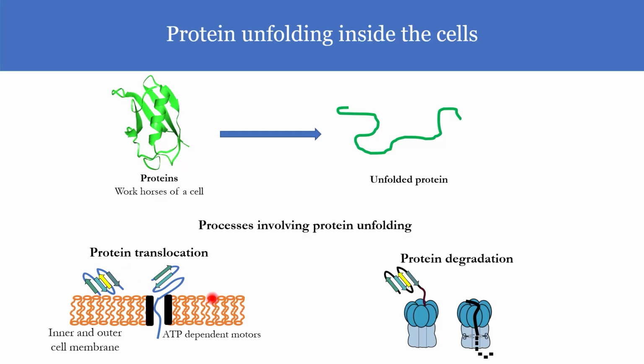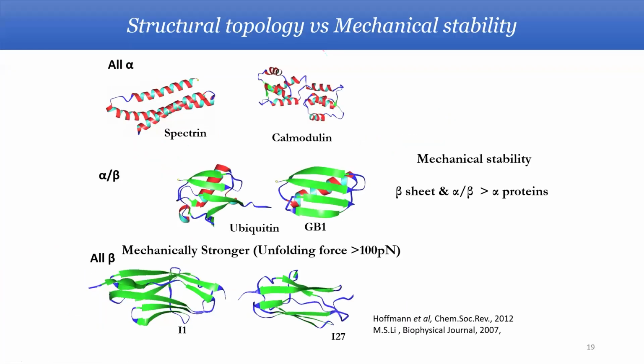You will be surprised to know that these enzymes, these molecular motors, these nano enzymes or nano motors, convert the chemical energy from ATP hydrolysis into mechanical force, and then they unfold the protein and translocate it. So all the translocation and unfolding of proteins in the cellular environment happens by mechanical unfolding.